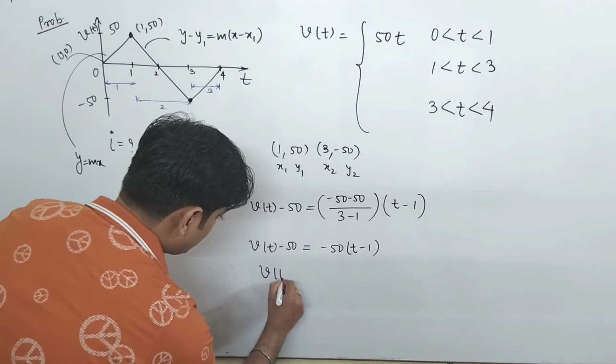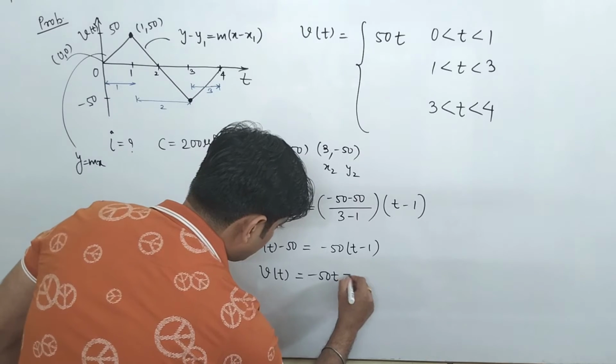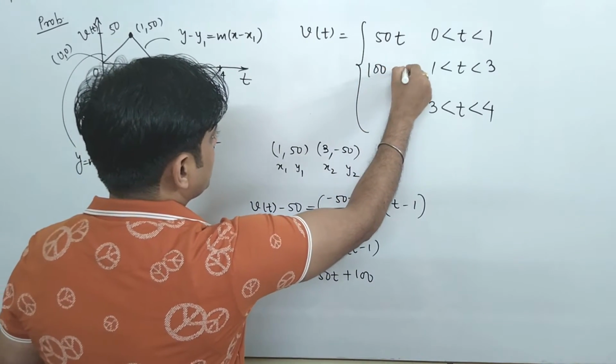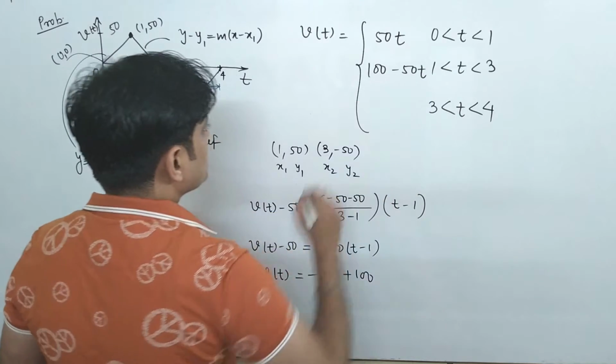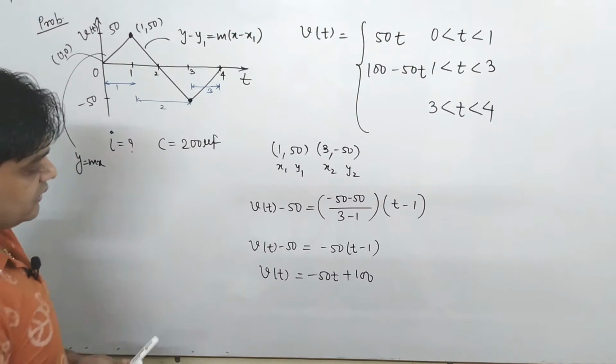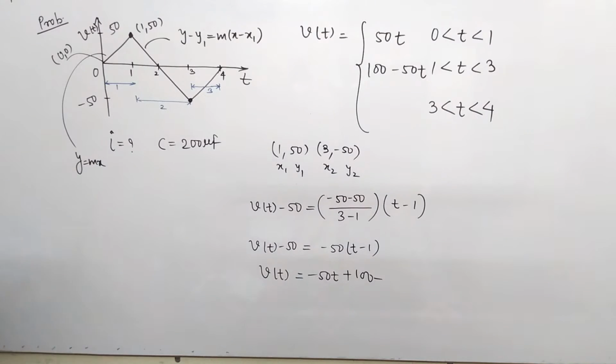So from here the value of Vt comes to be minus 50t plus 100. So here you can write it is 100 minus 50t is the equation between 1 and 3. Okay, so this is the equation for this value. Now we go for the next one.